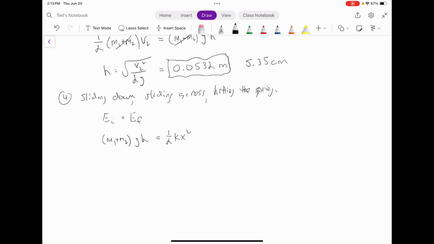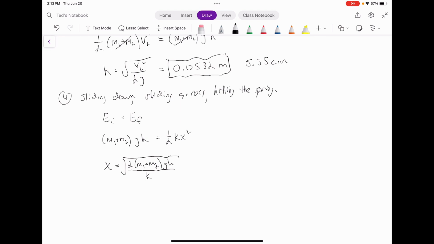Multiply both sides by 2, divide both sides by k. X is equal to the square root of 2 times m1 plus m2 times gh over k. All right, so I'm going to take the value of h that I got from my calculator, that is 0.053213.